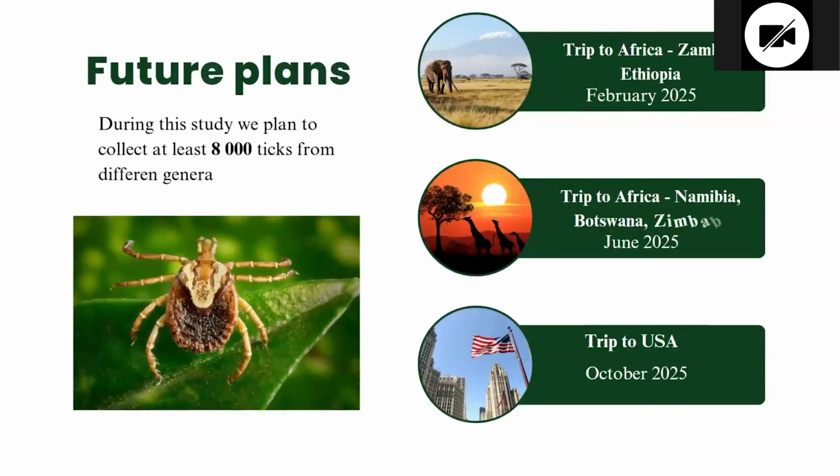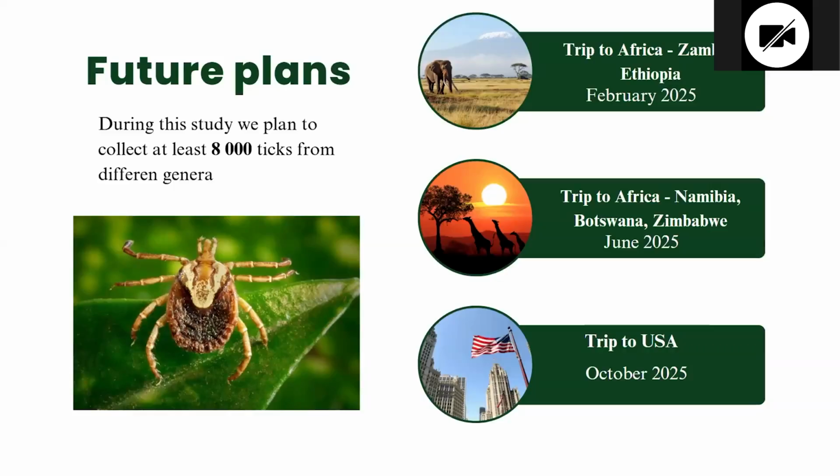To sum up this project, we plan to study at least 8,000 ticks from different genera. This February, we also went to Africa and collected ticks from Zambia and Ethiopia. We collected above 3,000 ticks, which we are now identifying morphologically.